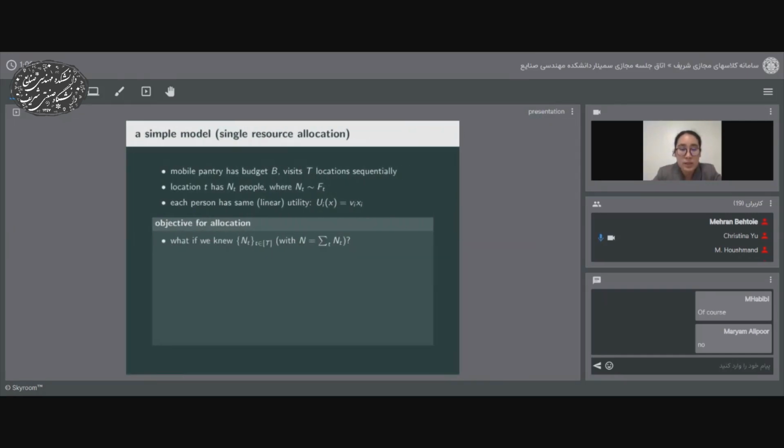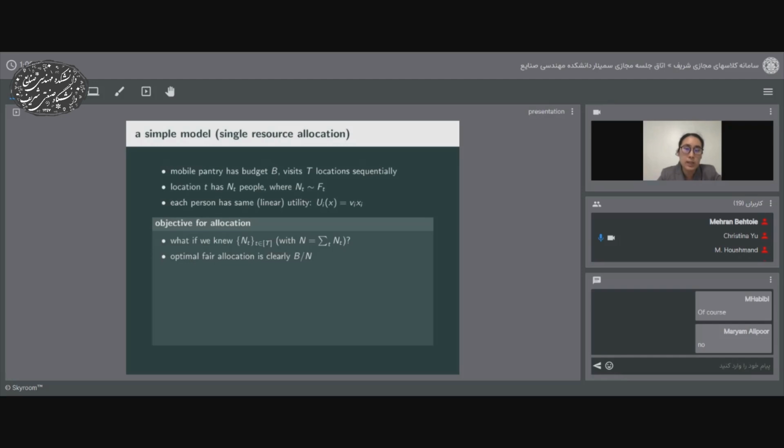Now, in this case, we can think about what's the right notion of sequential fairness here. If we actually knew the number of people arriving in advance, so suppose we knew how many people are arriving in total, then the optimal fair allocation is simply to take your budget B and divide it evenly amongst all the individuals.